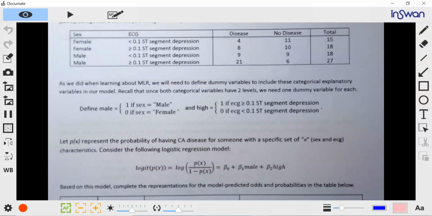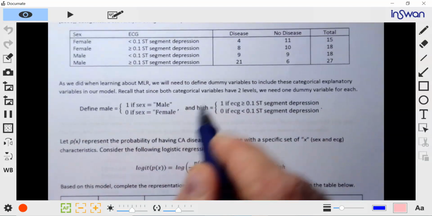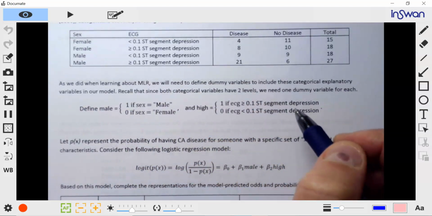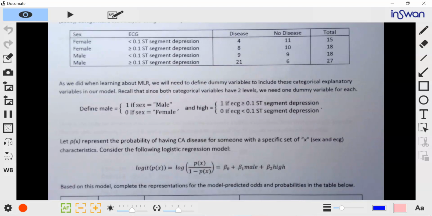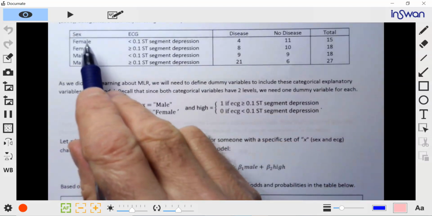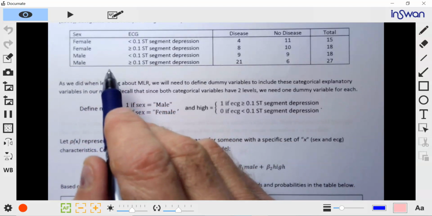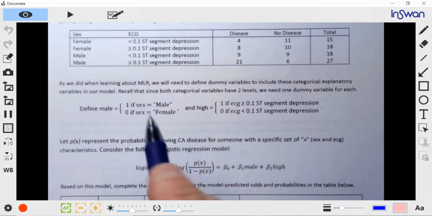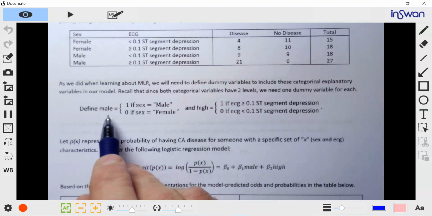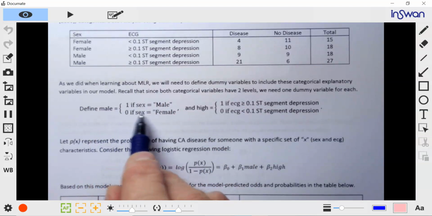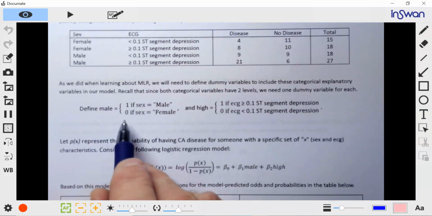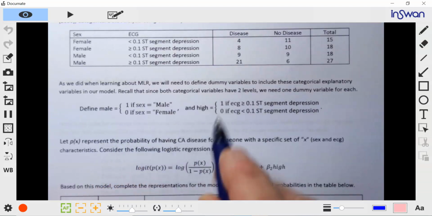Okay. So in order to deal with these, just like we did with multiple regression, we're going to need to define some dummy variables to be able to include these categorical variables in our model. And both of these categorical variables have two levels, so I'm going to need one dummy variable for each of these. I'm going to define male to be 1 if sex is male, and male is 0 if sex is female.